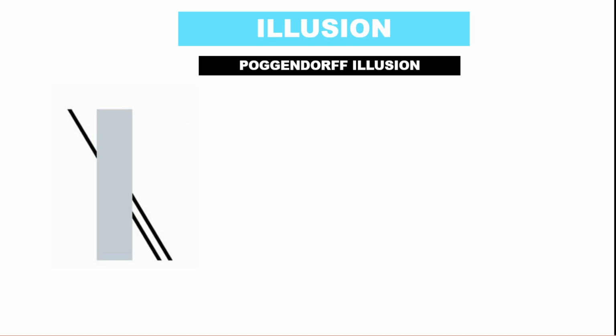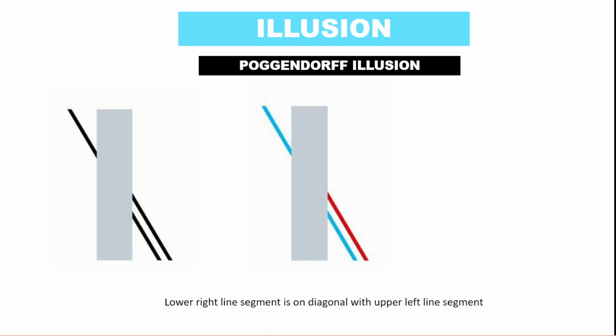But when I remove the wall, I found that it is the lower line segment that is on the line. Basically, it is connected to the above line. So my mind is misinterpreting that the upper line segment is the continuous whole with the left line segment. So basically, this is what is happening.